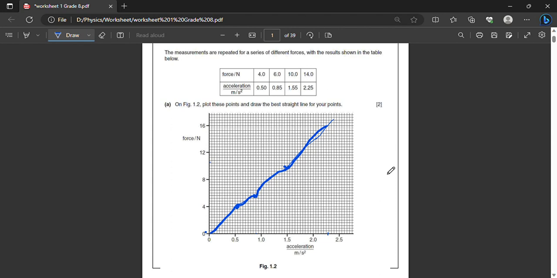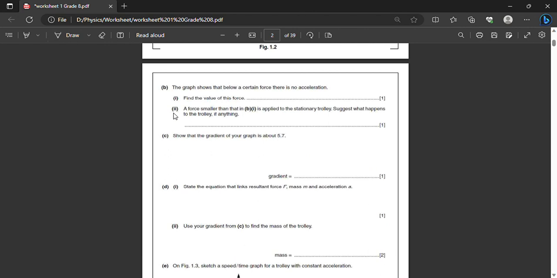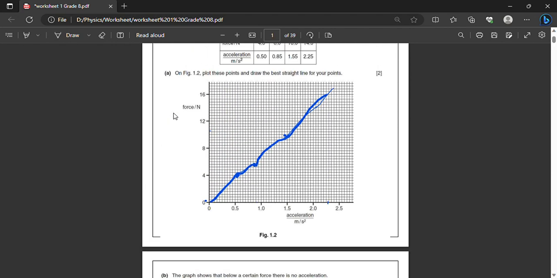The next question says the graph shows that below a certain force, you should find the value of this force. They're telling us that the force over here is not the same. So what we're going to do is draw a straight line from here, so it'll be somewhere like this.